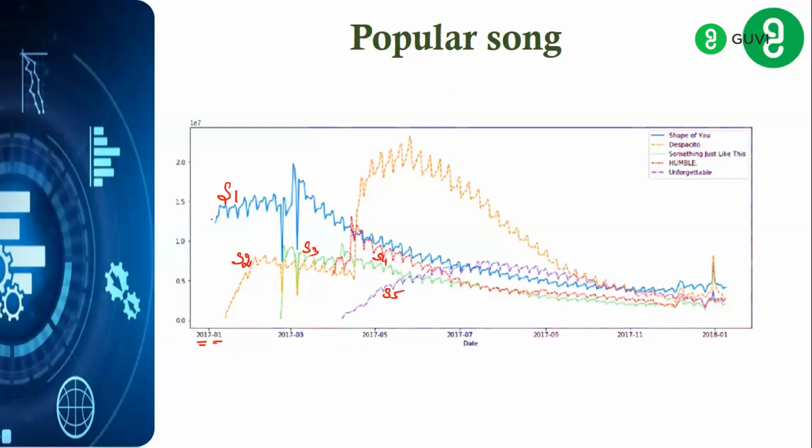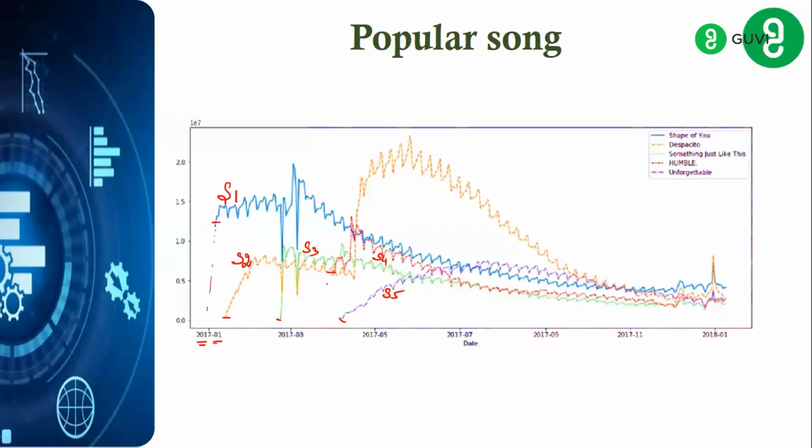So this point represents the release date of the song. Yes or no? Similarly, this point represents the release date of song two, this is for song three, this is for song five, and this is for song four.